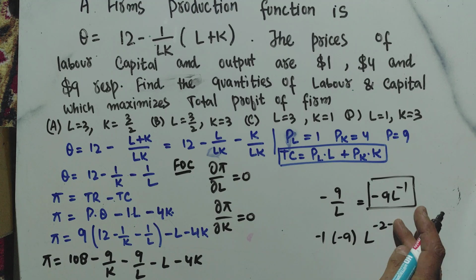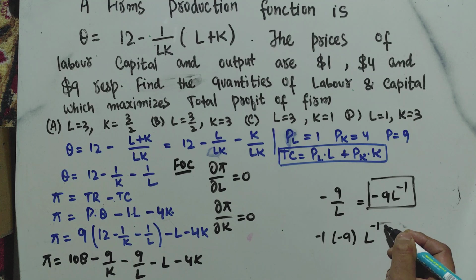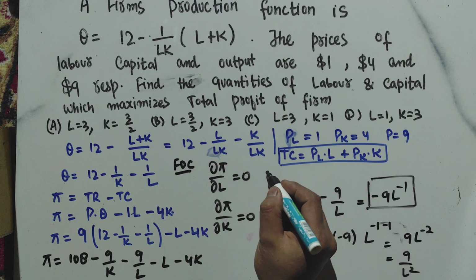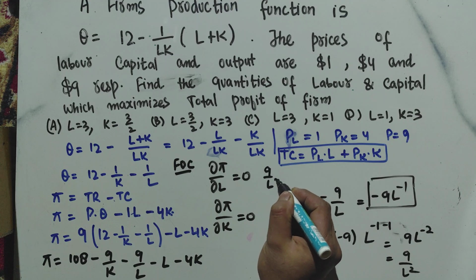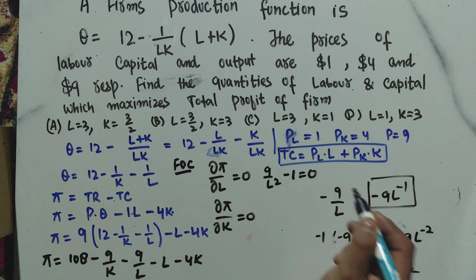We get positive 9 L raised to the power negative 2, or 9 upon L square. The derivative of L is 1, so we are left with 9 upon L square minus 1, and it should be equal to 0.